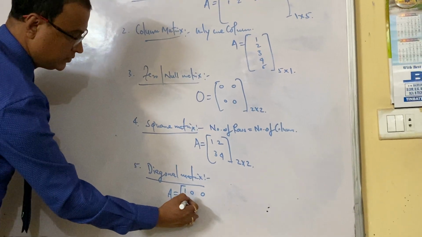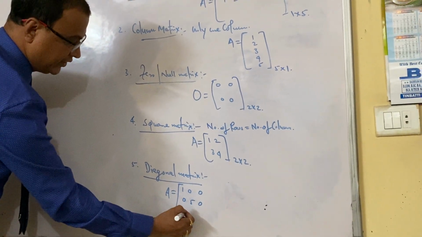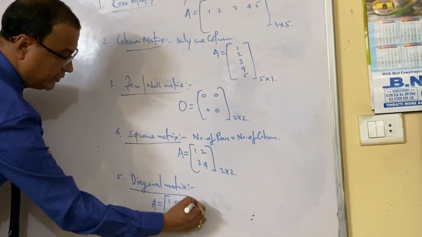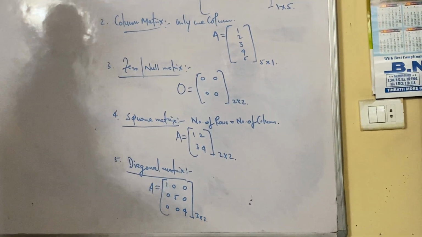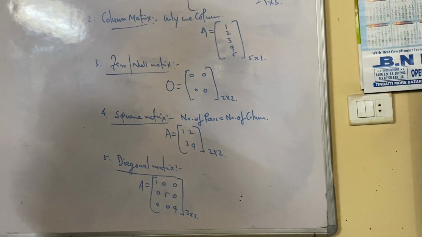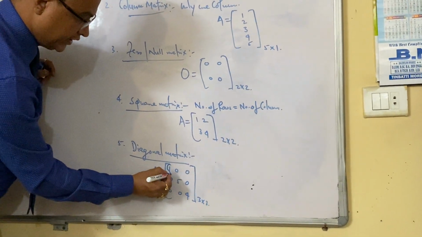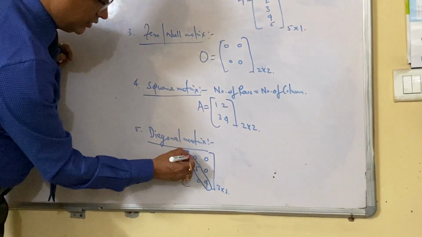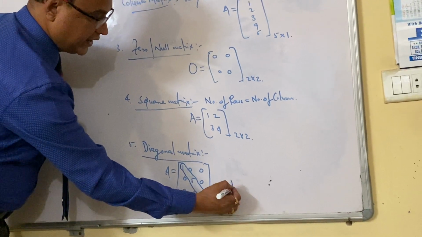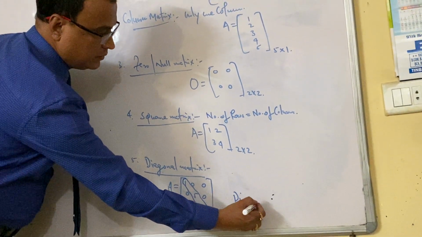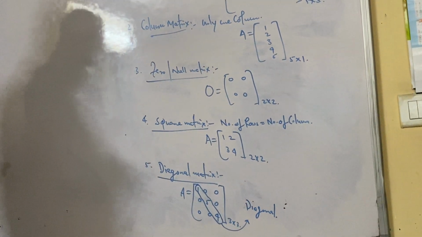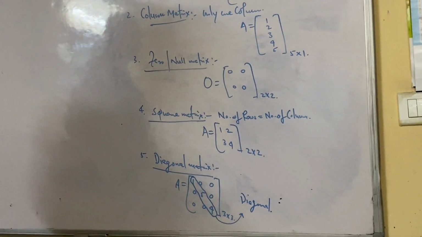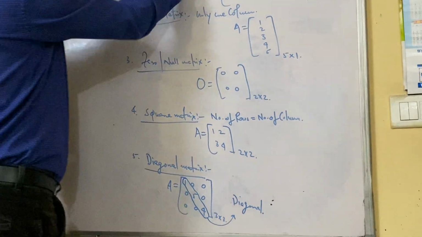This is a 3 by 3 matrix. You can see that the diagonal elements are not 0, all other elements are 0. This is called the leading diagonal. So all elements are 0 but diagonal elements are not 0, and this is called a diagonal matrix.